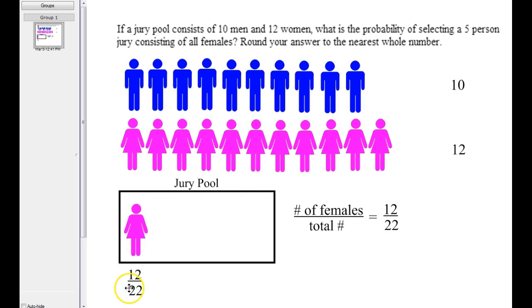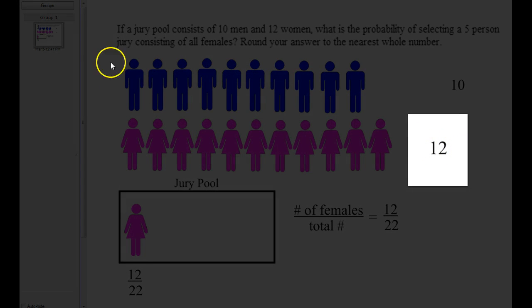I'll put that 12 out of 22 down here, and we notice we've got a female in the jury pool because it's all females. So the first is a female and the second is a female. I put a female down here, so now there are 1, 2, 3, 4, 5, 6, 7, 8, 9, 10, 11 females left.